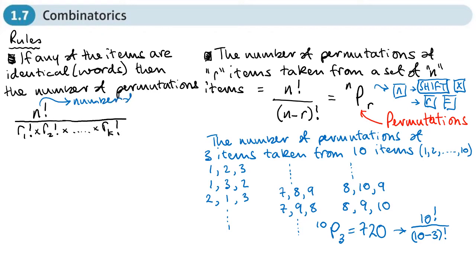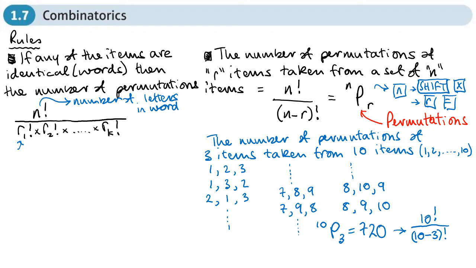Okay. So as you said, the n up the top represents the number of items. So that might be, for example, the number of letters in the word.